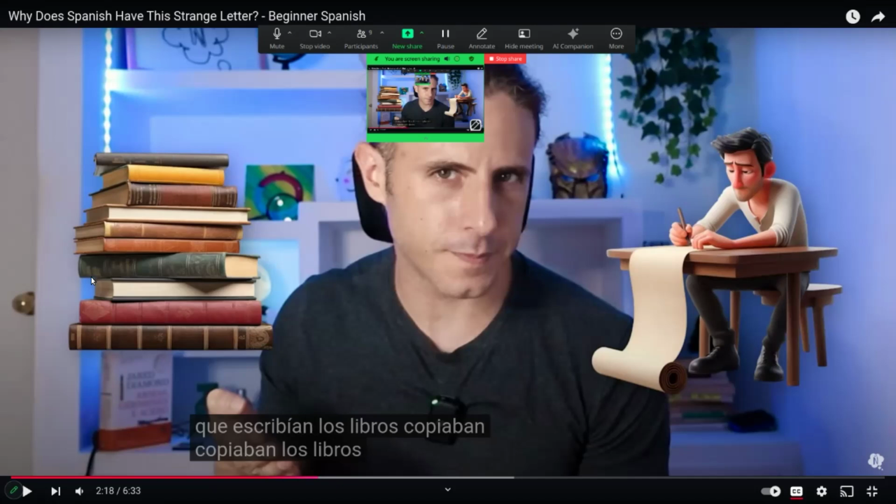Okay, so the ñ came about because there were no printers, because there were people who copied books, and this little guy should really be a monk. He should be a little medieval monk. Medieval monks are why this happened, and paper and ink. Of course, the masses did not read.